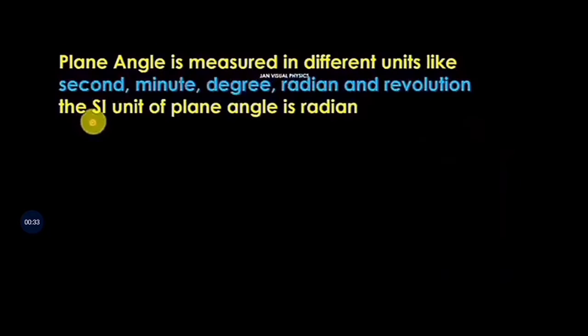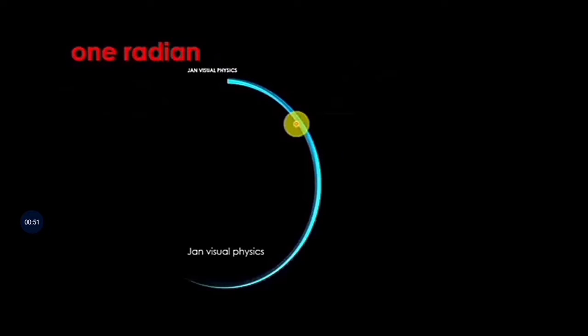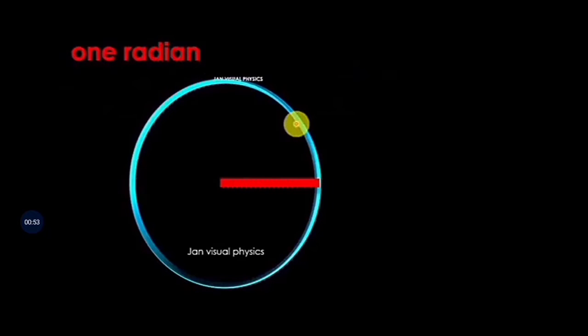Plane angle is measured in different units like second, minute, degree, radian, and revolution or cycle. The SI unit of plane angle is radian. Now we see how much is 1 radian. We take a circle with radius r.